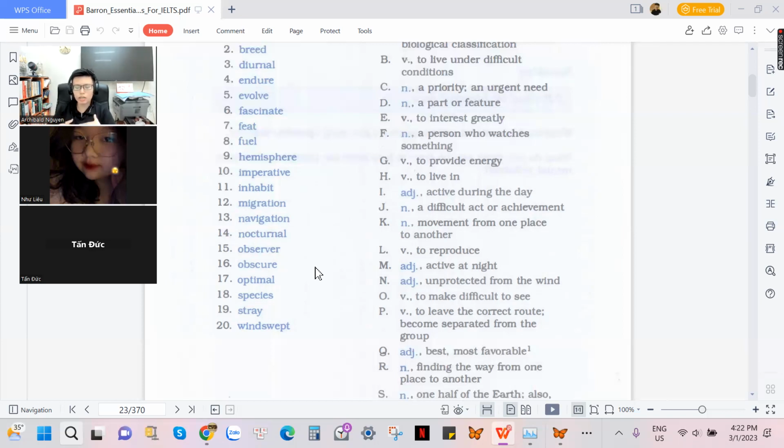For example, here is my example for the word inhabit. If I want to pet dogs in my house, I need to construct a place to inhabit the dogs. I can say that I am going to inhabit my dogs in a nice place.